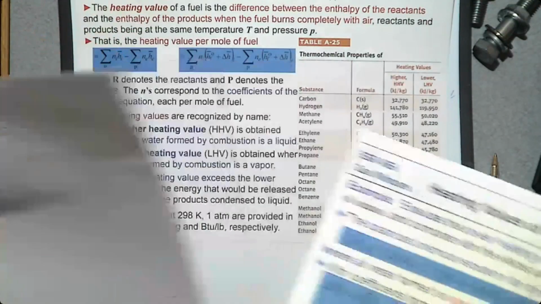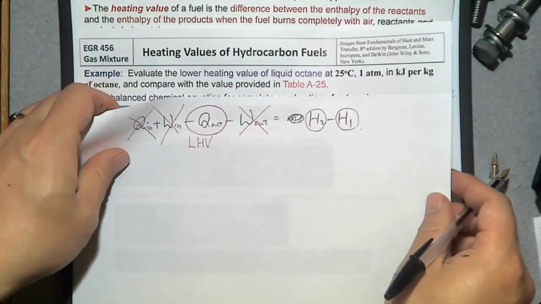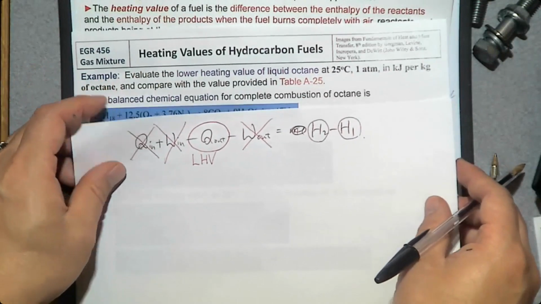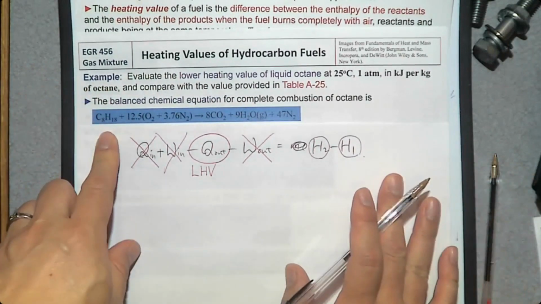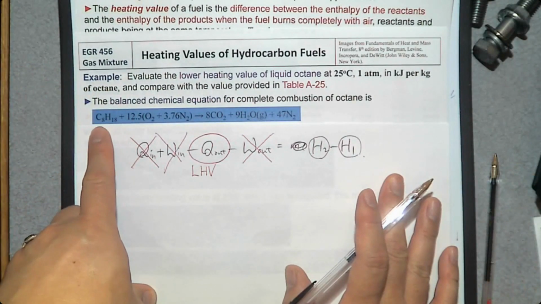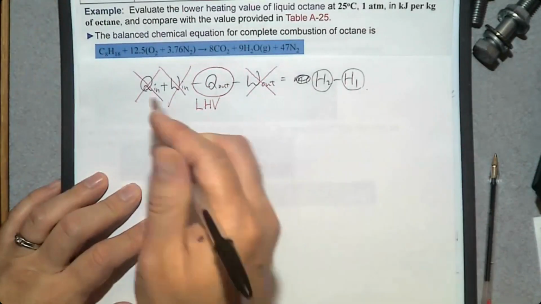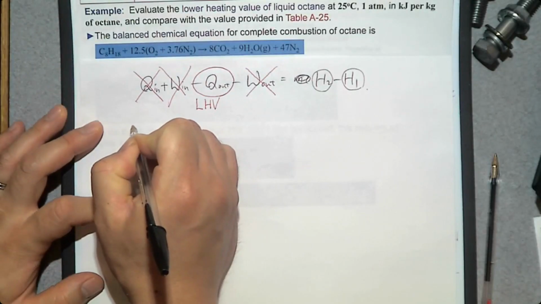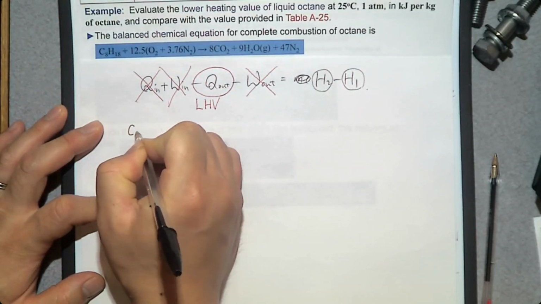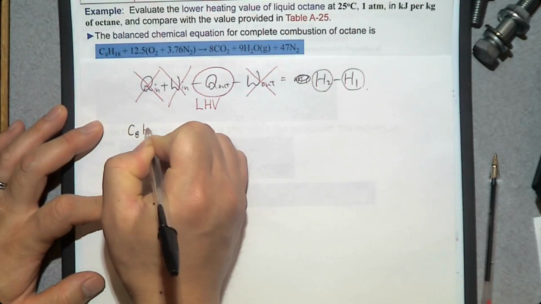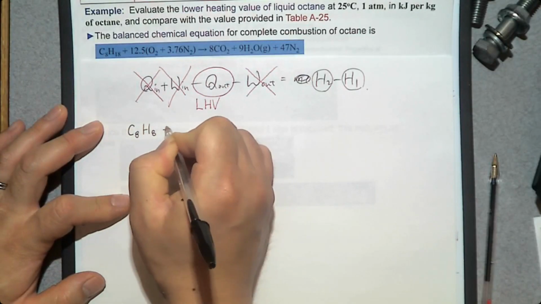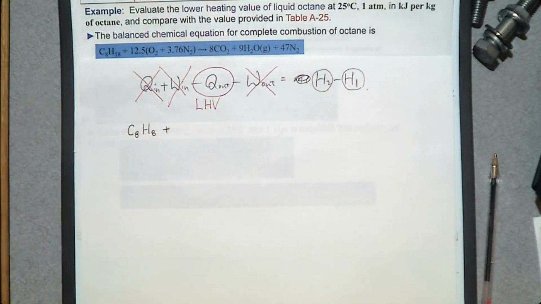So we are talking about liquid octane. Liquid octane is C8H18. So let's determine the balanced reaction equation by ourselves first. We have liquid octane. It's going to react with what?